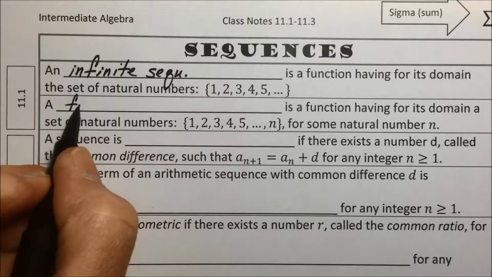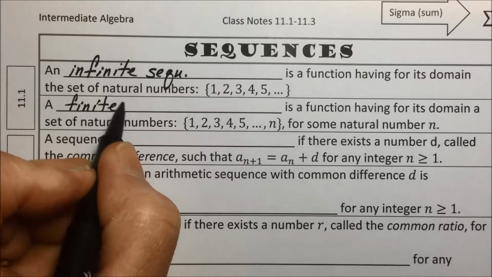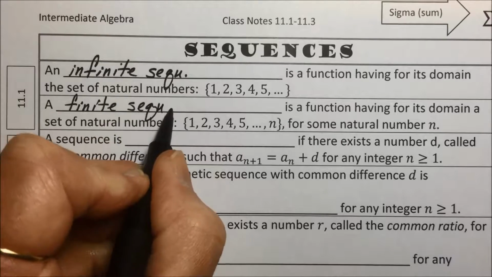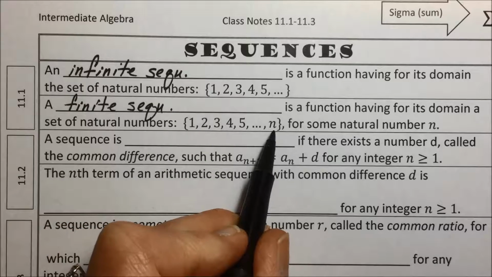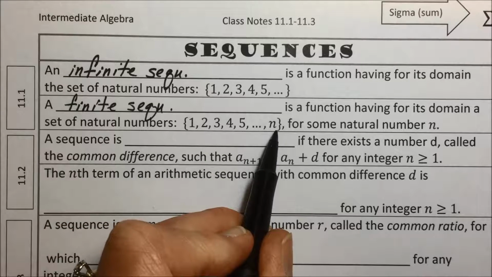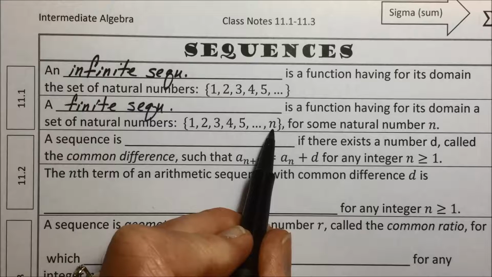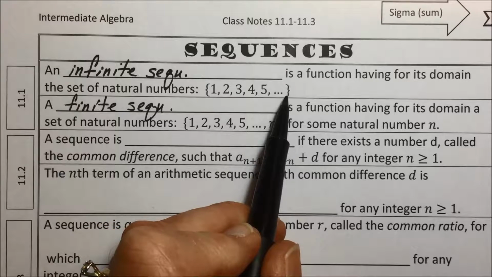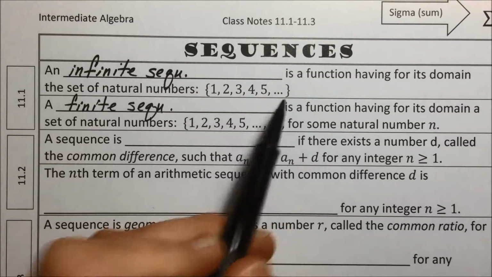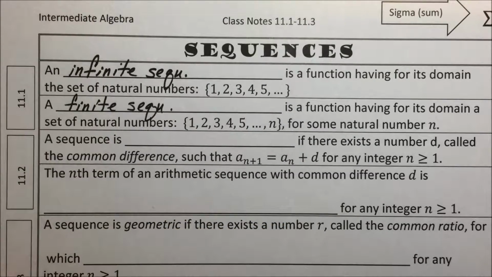A finite sequence is a function having for its domain a set of natural numbers where we know what the last term number is. It's continuing, but we know that there's, say, 100 terms, whereas here with the ellipsis and nothing past it, it is continuing infinitely.